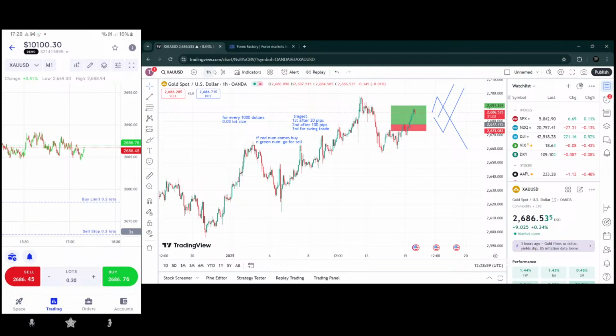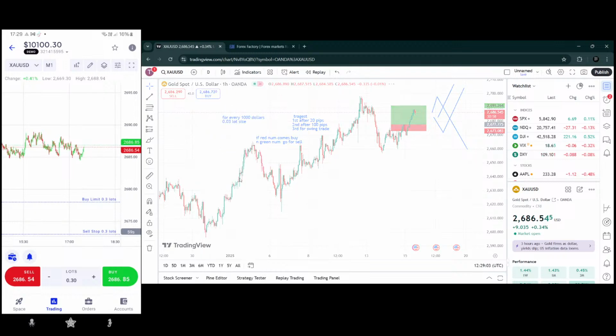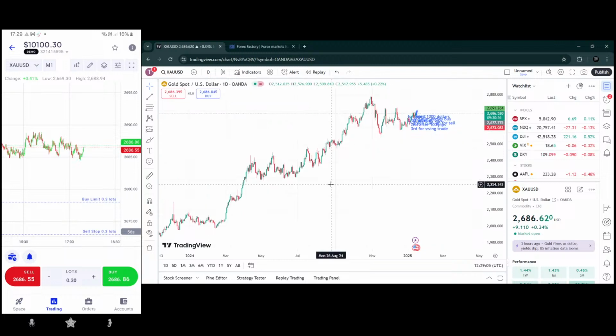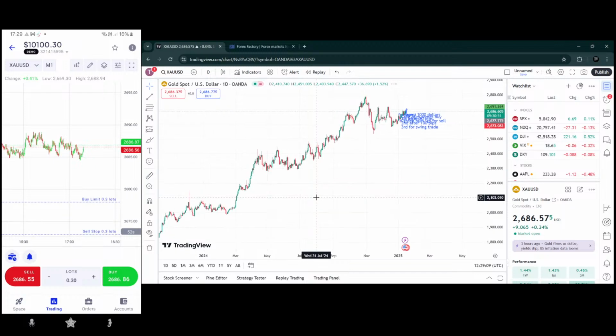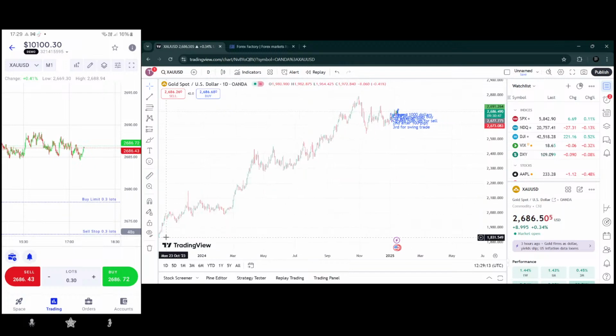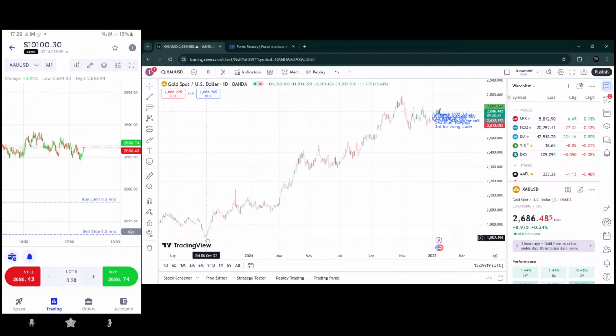You will see in the bigger time frame. So see this. So market was here. It was on almost 1800, and then market moves here. War started.